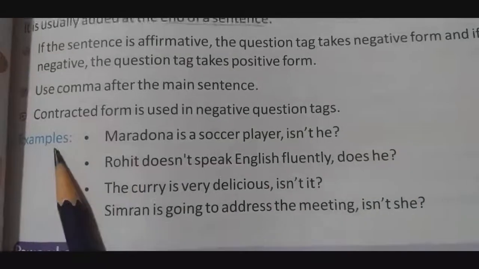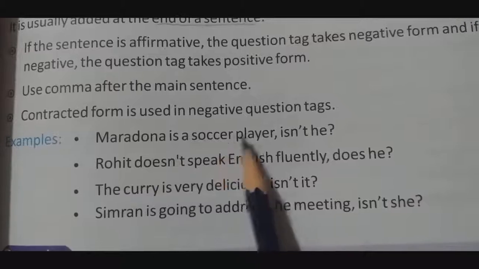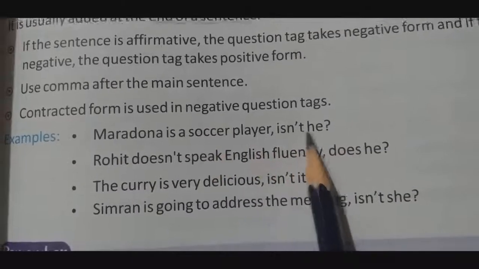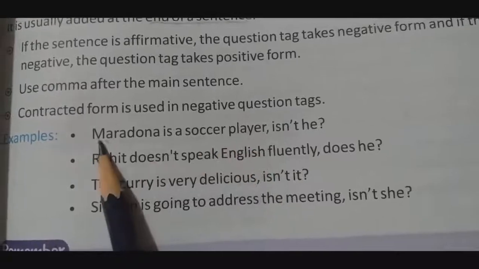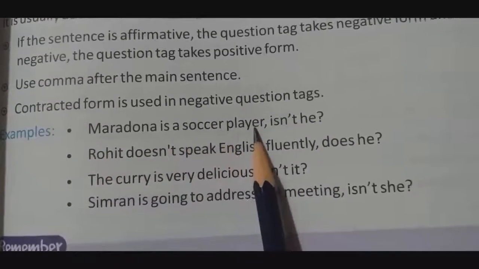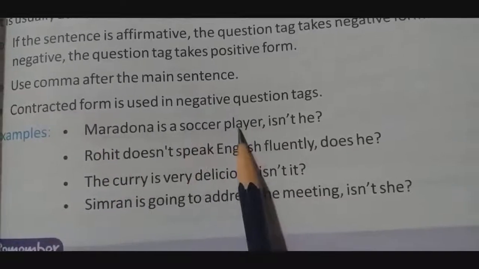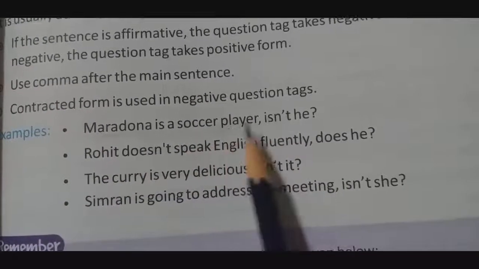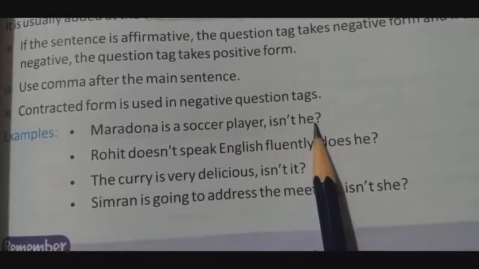Okay, now see the example. Maradona is a soccer player, isn't he? Now see here, this is the statement: Maradona is a soccer player. The statement is positive, affirmative, so the question tag would be negative. That means isn't he?